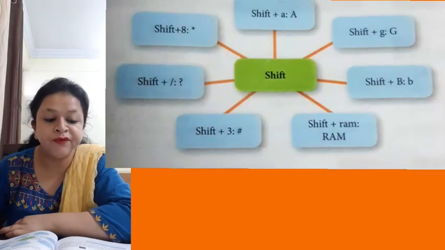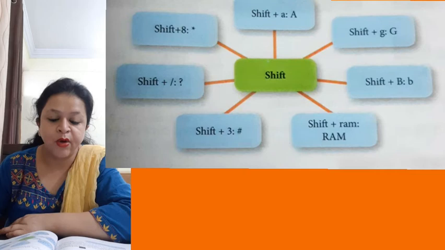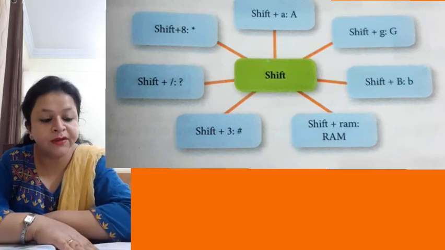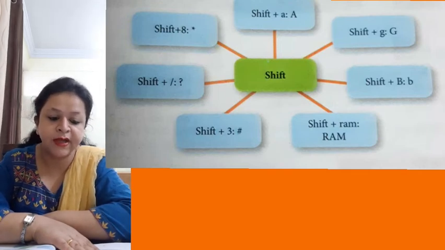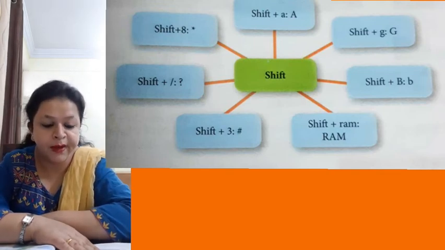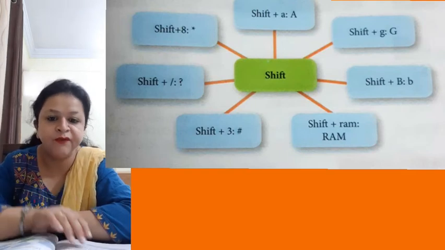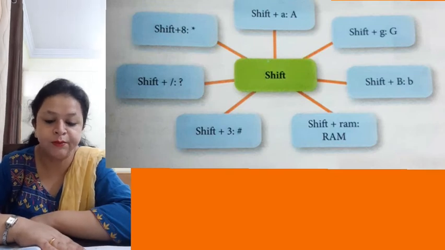When you press the Shift key with other keys, you can get symbols like the exclamation mark, at, percentage, arrows, smaller and bigger, and the question mark. All these along with the Shift key give you punctuation marks or symbols.